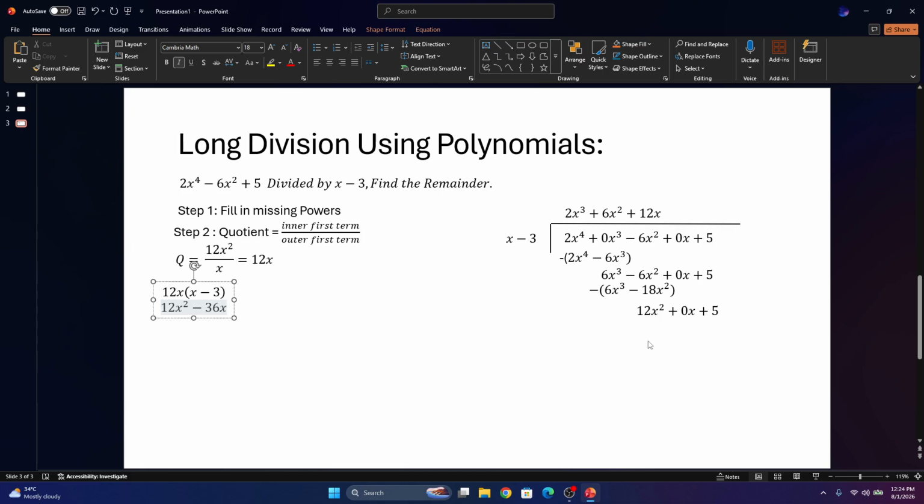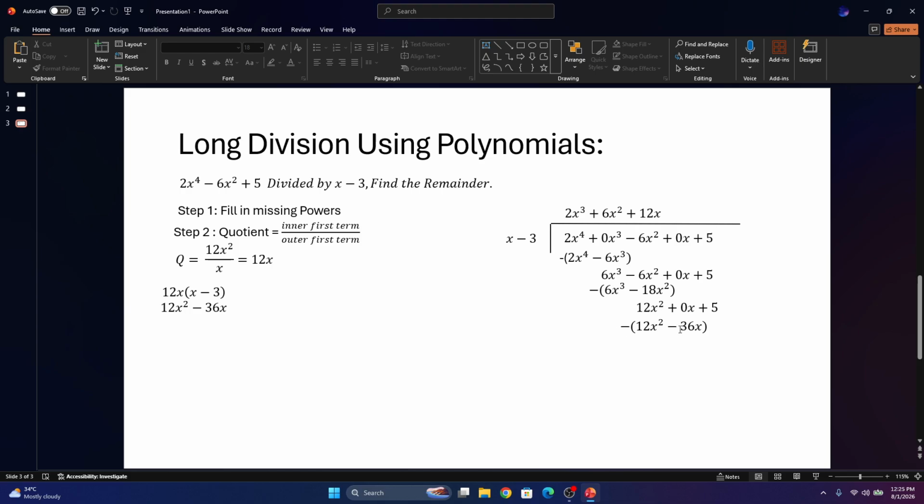This is basically why we use this rule, first term divided by outer first term, to find the quotient, because it always gives us the correct power and the correct variable and the correct constant, so that we can keep cancelling out these variable terms to easily find our remainder. So here once again you can see we're going to subtract 12x squared from 12x squared, and it's just going to cancel out these terms.